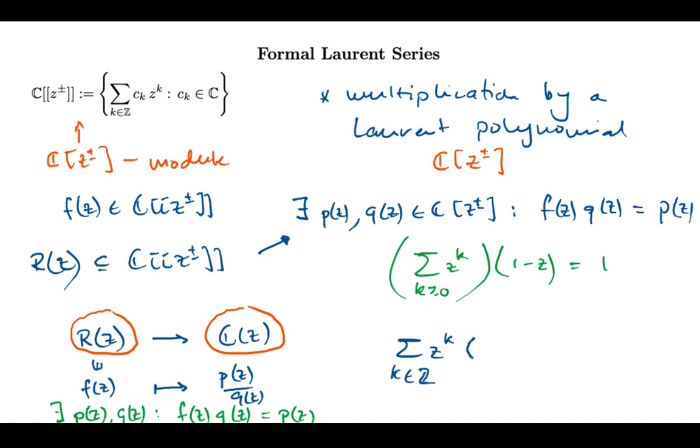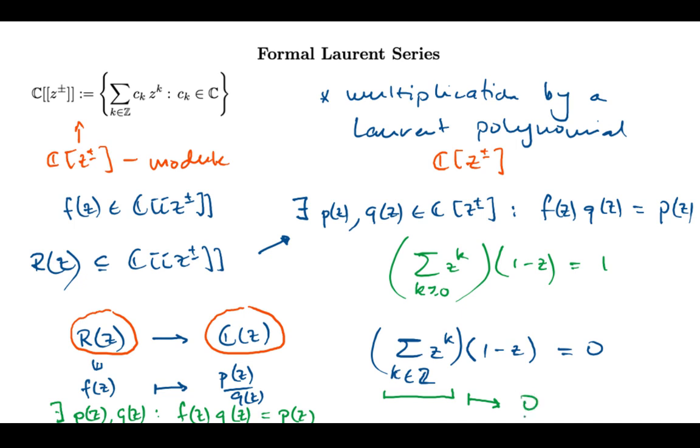If you think about this for a moment, we can do the same trick as what we do with the geometric series. Multiply by 1 minus z. But now if you multiply this out as formal power series, there's nothing left over. And so what that means is that this formal Laurent series gets mapped by my map to the rational function 0 over 1 minus z, and so that's 0.